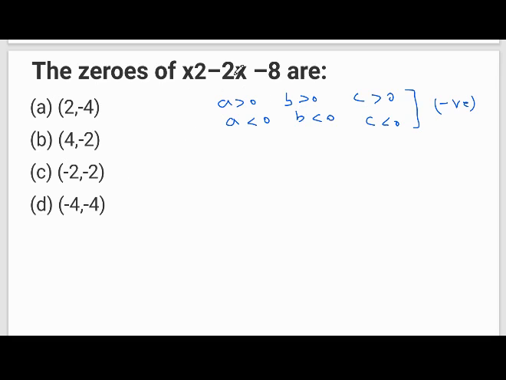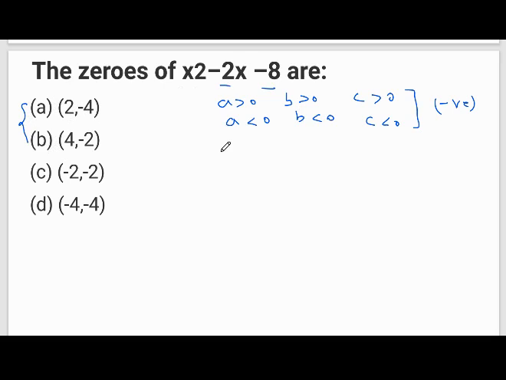So here, the coefficient of x and the constant are negative, but the coefficient of x square is positive. That's why the C and D options are not correct here, because both are negative. So we have to find the correct answer from A and B.